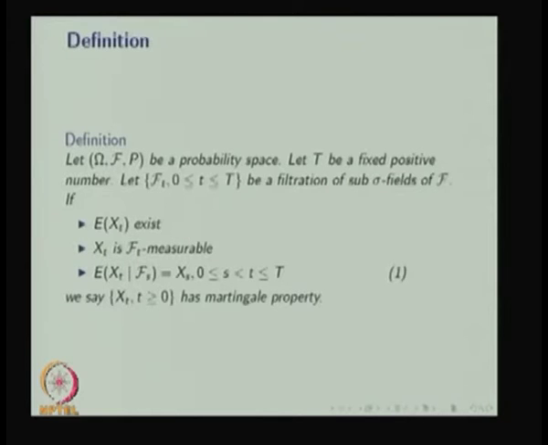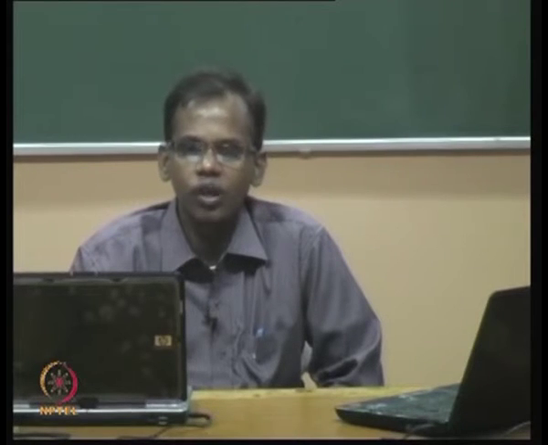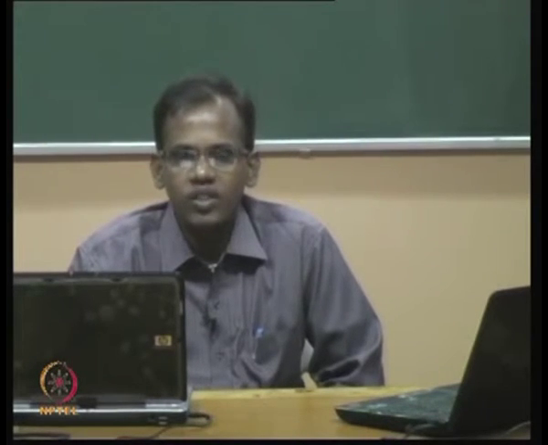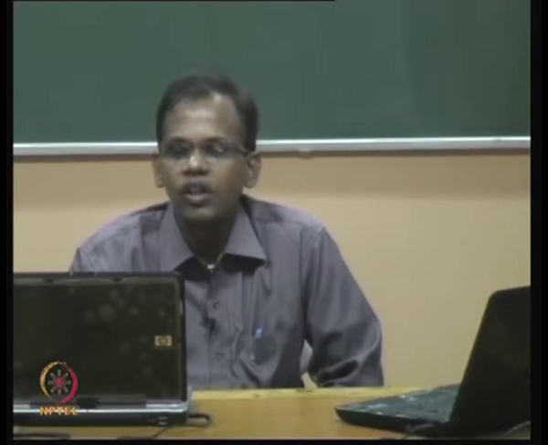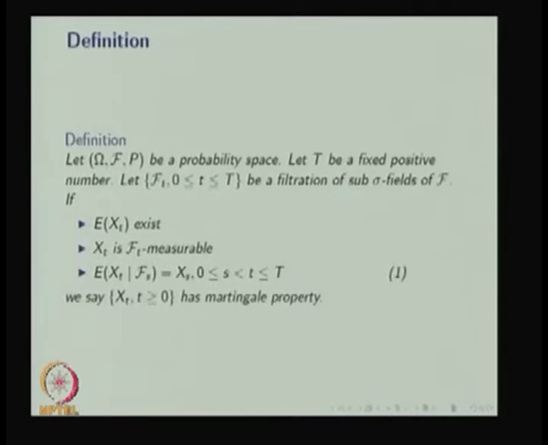So here this stochastic process satisfies the Martingale property in the interval 0 to capital T, because we are checking the conditional expectation in the interval 0 to capital T. Therefore, this stochastic process has the Martingale property in the interval 0 to capital T, not 0 to infinity. If that is satisfied for all t, then we can say that this stochastic process X_t has the Martingale property in the range 0 to infinity.